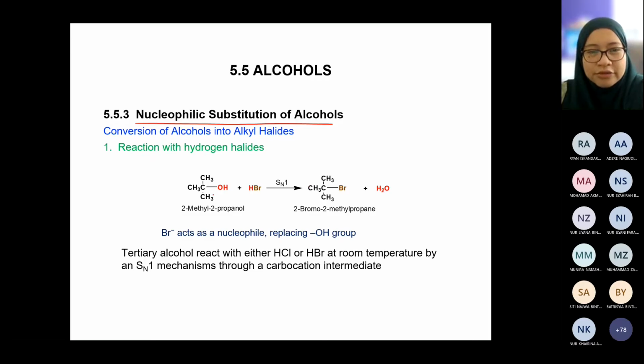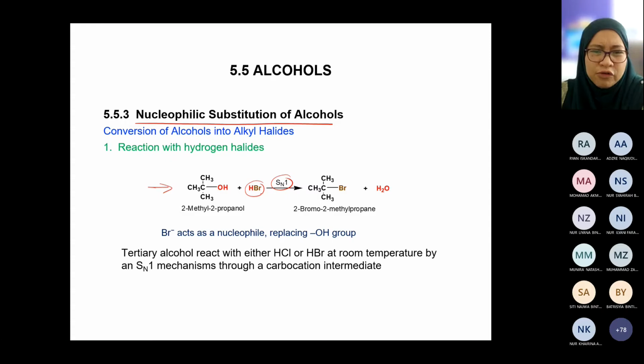Okay, so you nak convert this alcohol, reaction of alcohol into alkyl halide. So this one, for example, this is tertiary, right? Ni tertiary ni. So kalau tertiary, it will undergo SN1. Okay, tertiary, remember, it will form carbocation, tertiary carbocation. So Br, in this case, for SN1, we can use HBr.